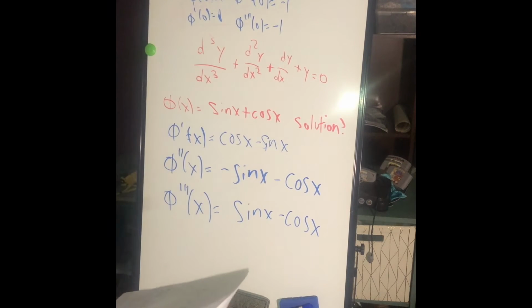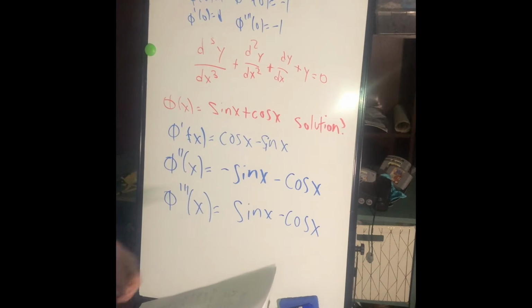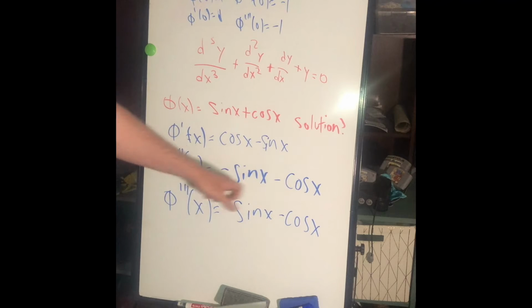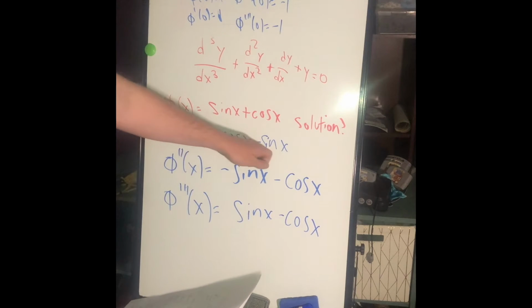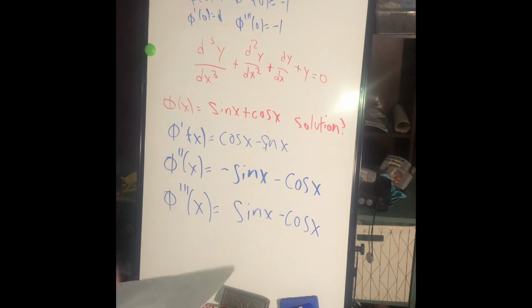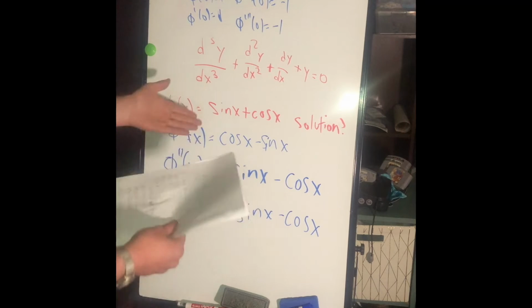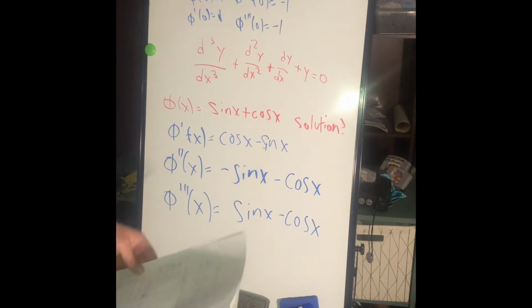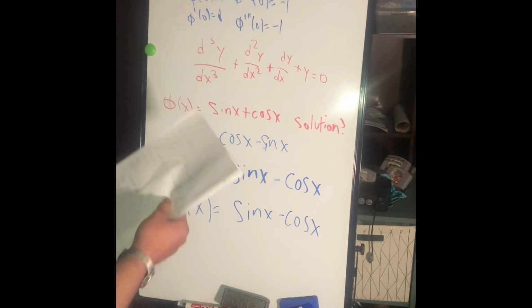Does it give us 0? Well, sine x plus cosine x, and we have negative right here, so this and this cancel. Cosine x minus sine x, and we have sine x minus cosine x. All of them cancel. It does satisfy the equation. It does work.